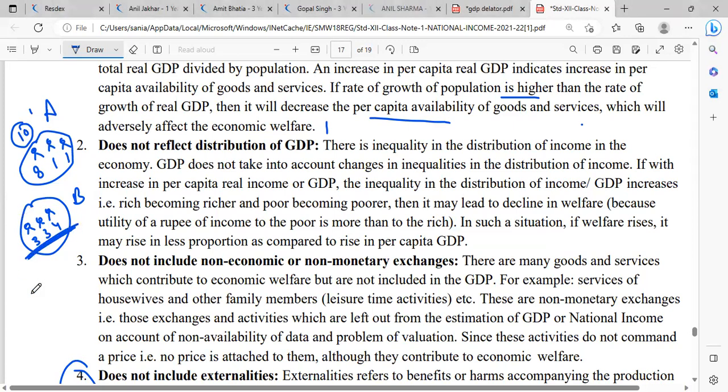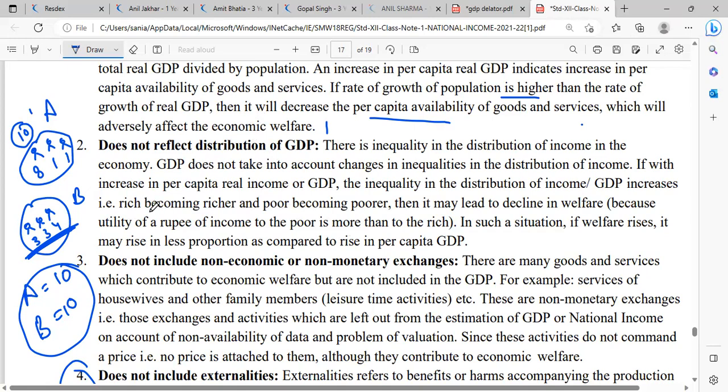But just by looking at the GDP, the GDP of country A is 10 and the GDP of country B is 10. Just looking at the GDP, will you get to know whether there is equal distribution or not? No, right? Because they both have the same GDP, you would consider that they both have equality. So GDP is not reflecting the distribution, and that's why it's a limitation.